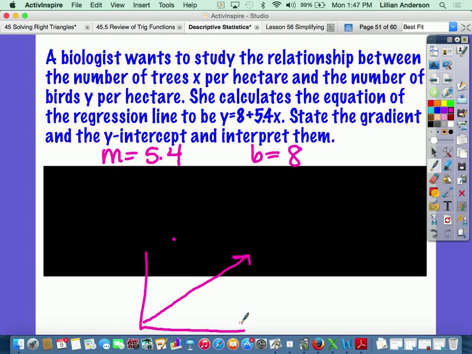But you're not increasing in hectare, you're increasing in trees. Both of them are per hectare though. As the number of trees increases per hectare, the number of birds increases.